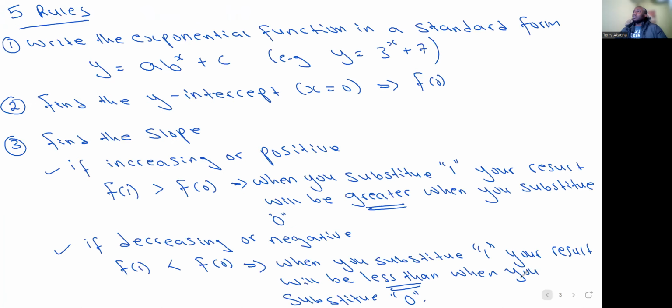If you look at the general formula, remember I told you that the exponential form is y = ab^x + c. The horizontal asymptote is always at c. So when you write it in the standard form, the value of c you have here is the horizontal asymptote.